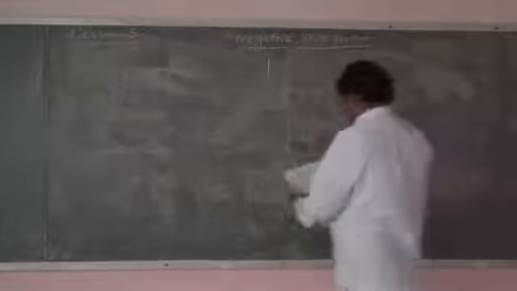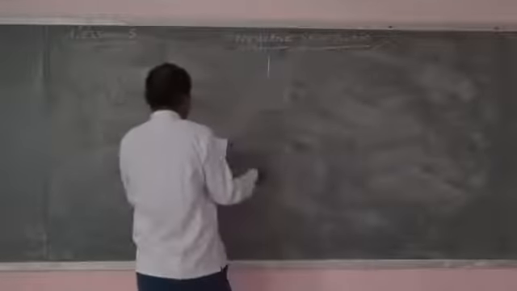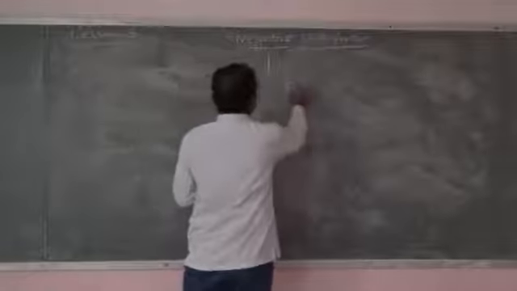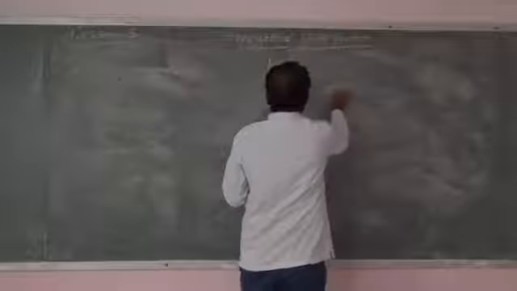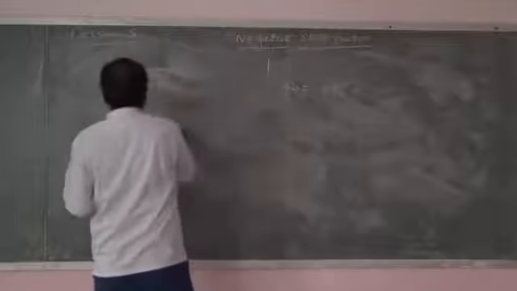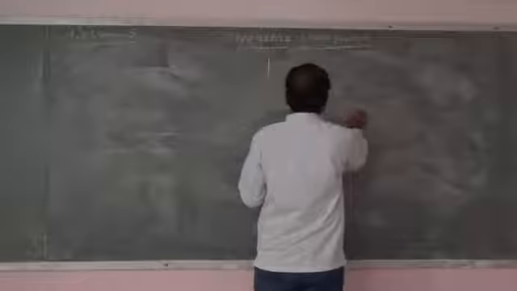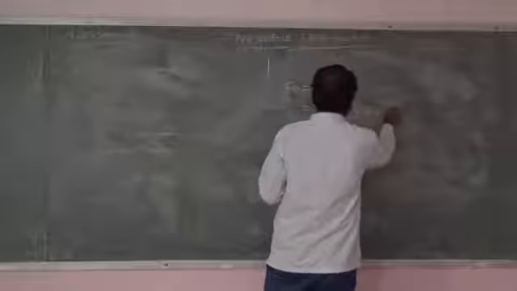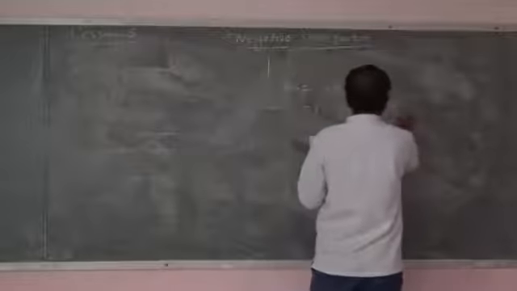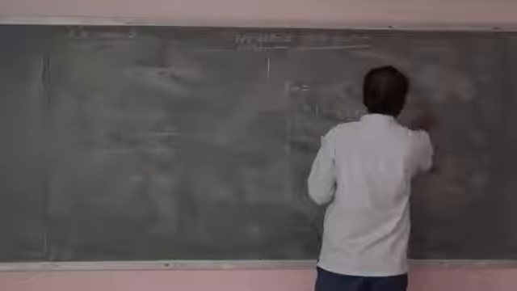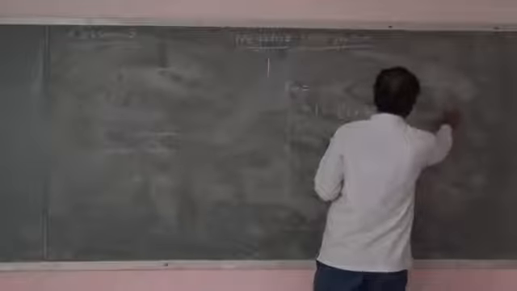Now, similarly, you go for the second layer. For the second layer, sigma naught is equal to gamma into Z2. The second layer from the ground level is 7, gamma is 16, 7 plus 4 for the first layer, and the center of the second is 2, and it is going to be 208 kilonewton per meter square.